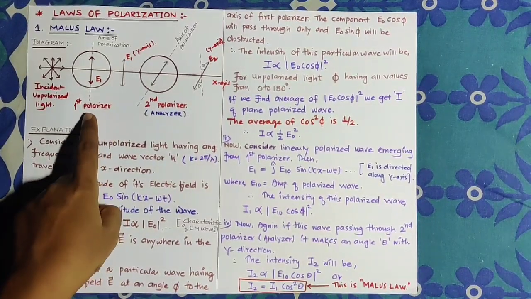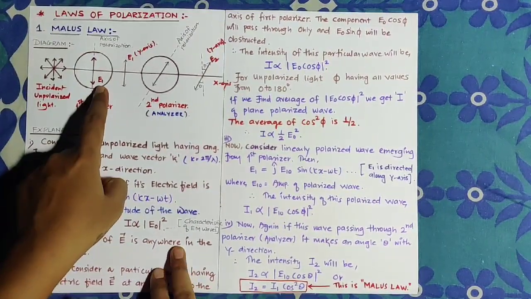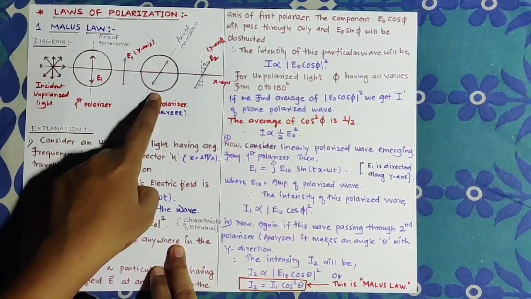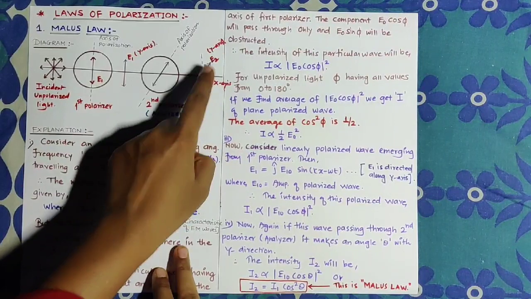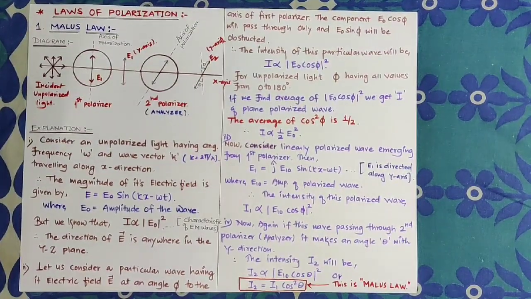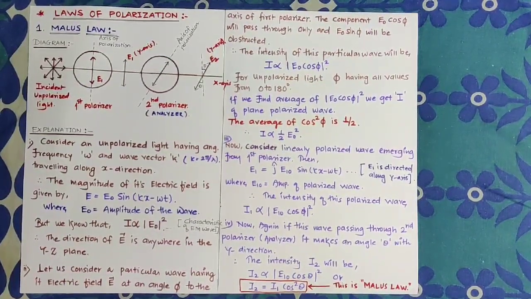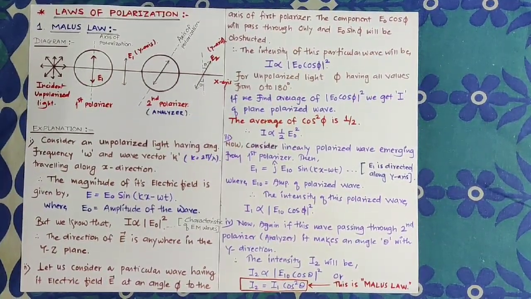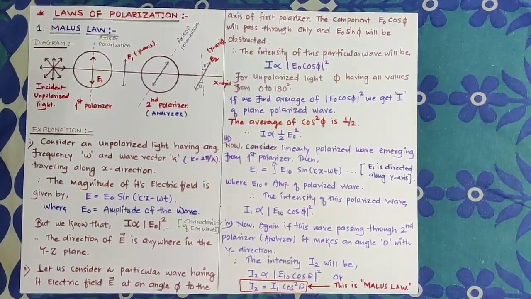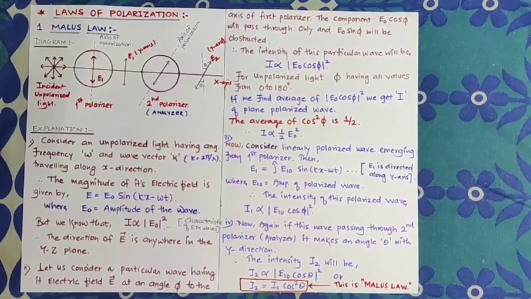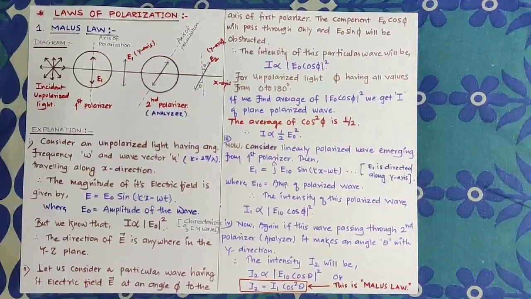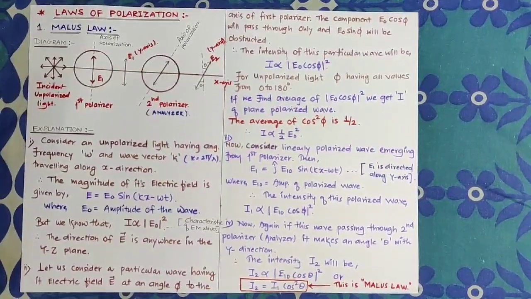And when the electric field vector of a particular wave is passing through the second polarizer, it makes an angle theta. Why? Because we already discussed that when we consider another atom of a wave directed along the x-axis, it is not necessary that the electric field travels along the y-axis and the magnetic field along the z-axis.